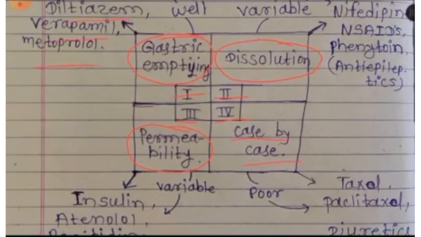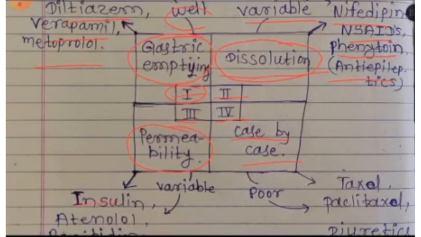Diltiazem, verapamil and metoprolol are examples of class 1 drug, and it is well absorbed because of high solubility and high permeability. Nifedipine, NSAIDs, and anti-epileptic drugs like phenytoin are examples of class 2 drug, and its absorption is variable and dissolution is the rate limiting step because of low solubility.